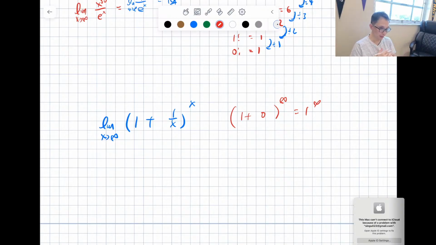So what we're going to do is we're going to say this is y equal to. Now, first predicament is the power. The power is not a constant. It's an x. So what did we mention before? When the power is x, what do we do? How do you bring the x down?